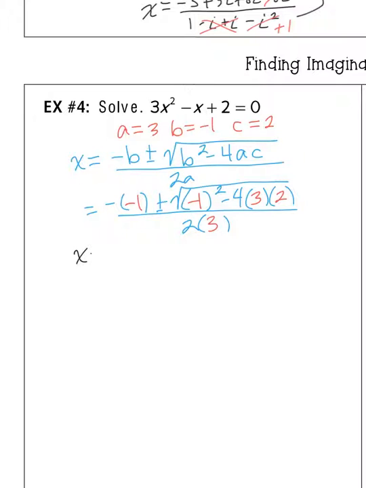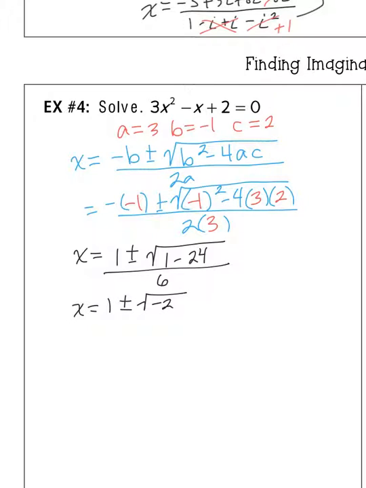So x equals, the opposite of -1 is 1, plus or minus the square root. -1 squared is 1. -4 times 3 is -12 times 2 is -24, all over 6. So then x equals 1 plus or minus the square root of -23 all over 6.